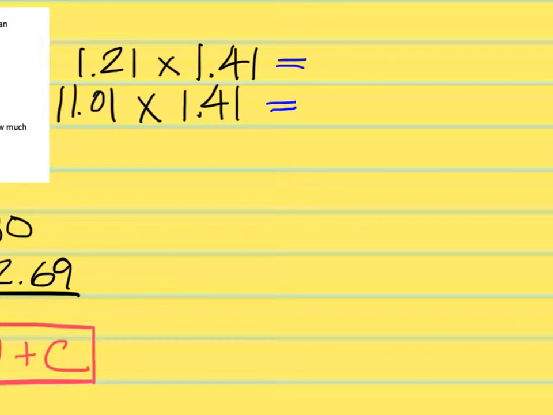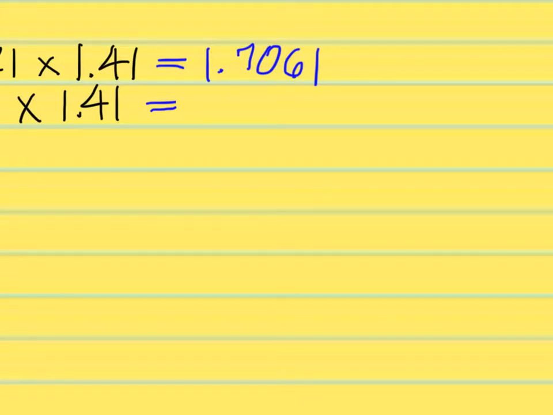We are dealing with money. Keep that in mind. So if you get an answer of 1.7061, you are not to use those 4 digits. You're going to round it, and the squiggly equal sign is approximately equal to. That number rounded to 2 places because you only go to 2 places in money.